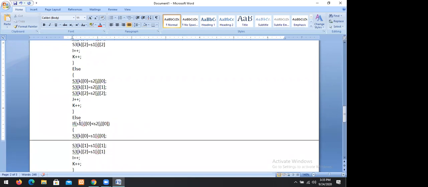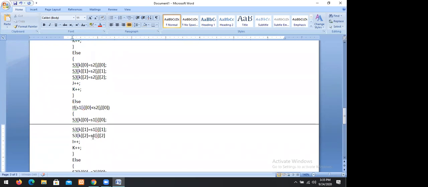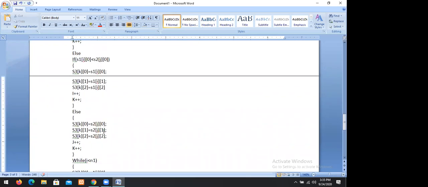Else, if rows are not equal, move the smallest row number to the result. If the S1 row number is less than the S2 row number, then move the S1 term value to the result. Else, move the S2 term to the result.